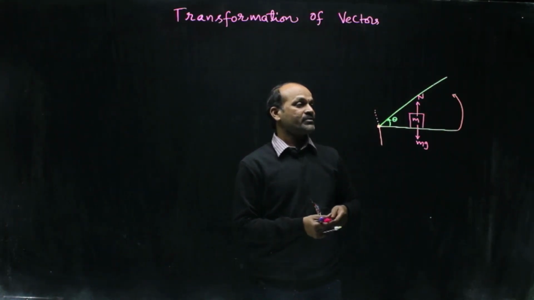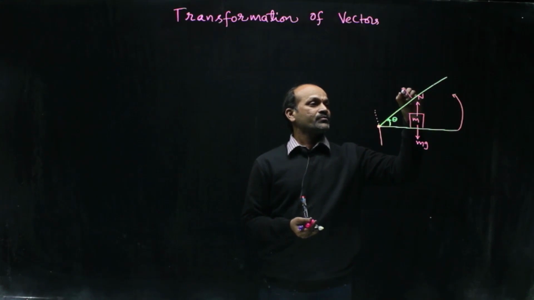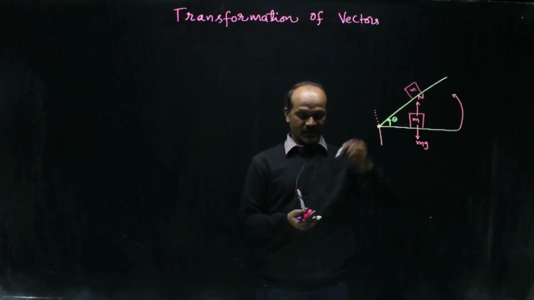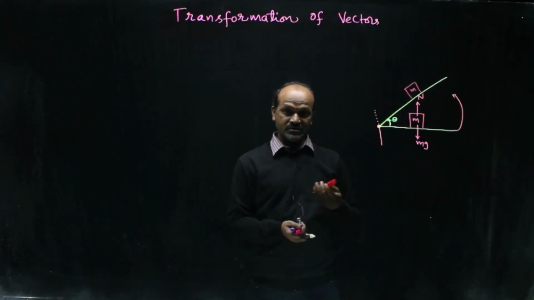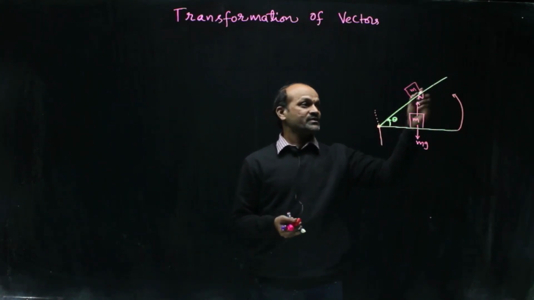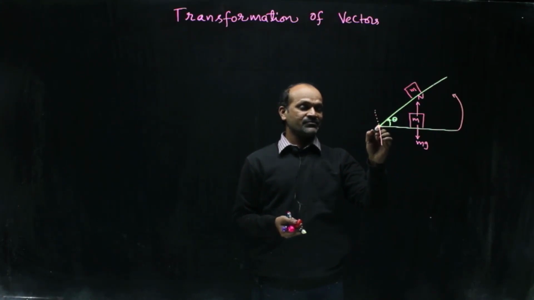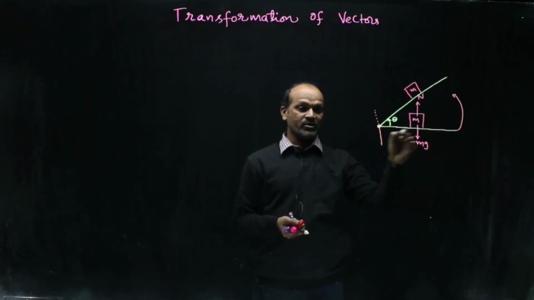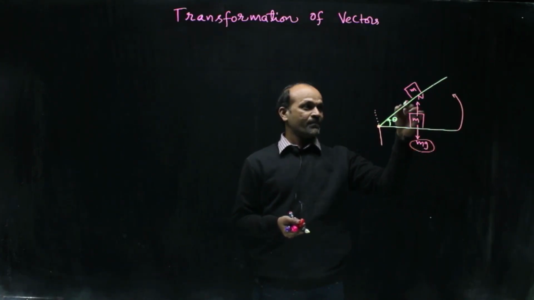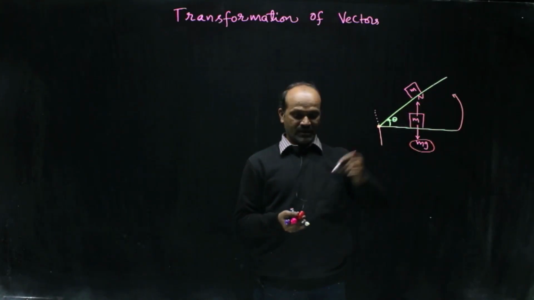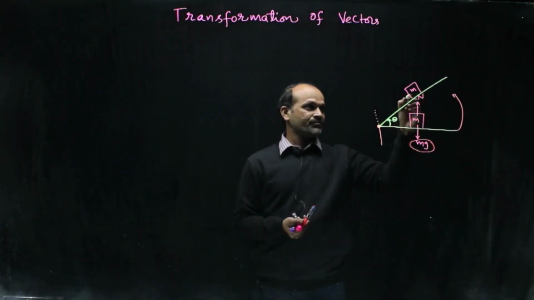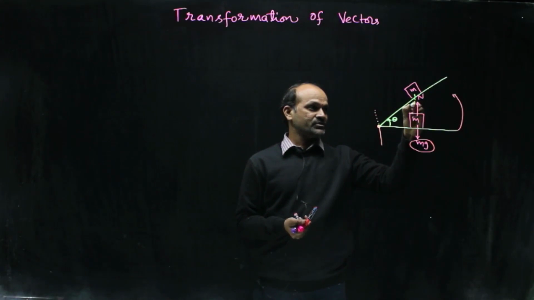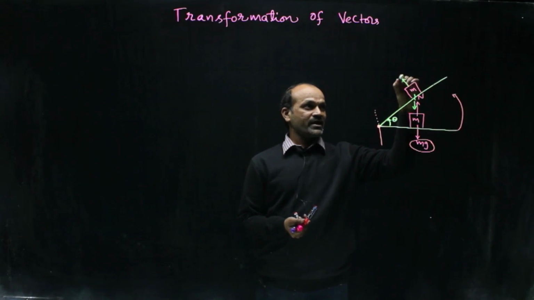So, what happens is that the force acting on that block varies with respect to the rotation. The weight mg acts downward, there is no doubt, and the normal reaction acts in this direction.